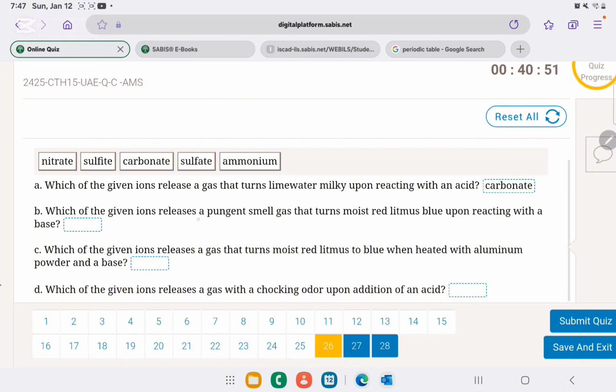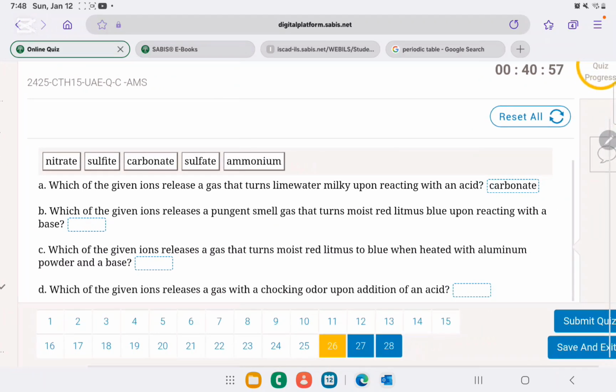Which of the given ions releases a pungent smell that turns moist red litmus paper blue upon reacting with a base? Now here, since they didn't say aluminium powder, which is the catalyst for NO3, it's gonna be NH4. Let me say it properly.